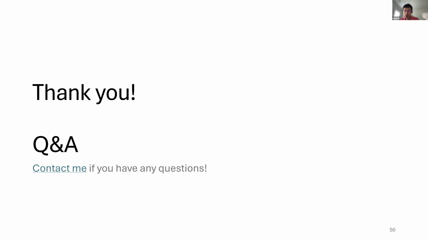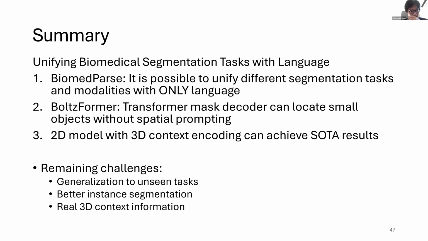One question is, can BiomedParse segment objects that haven't been trained on before? Yeah, very good question. As I mentioned in the remaining challenge part, it's still an existing challenge, because what we observe is that if you train the model with some specific task or similar task, it's able to perform this type of segmentation.